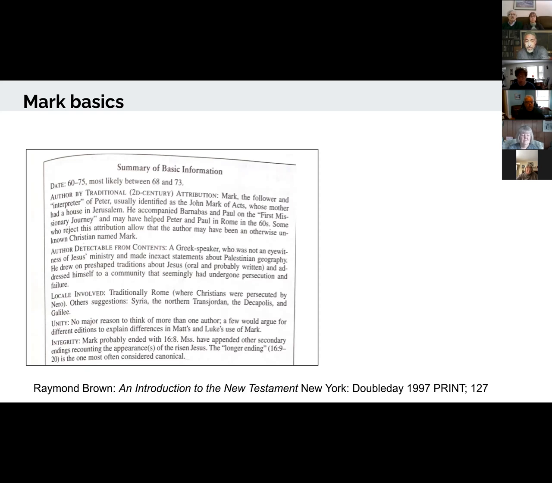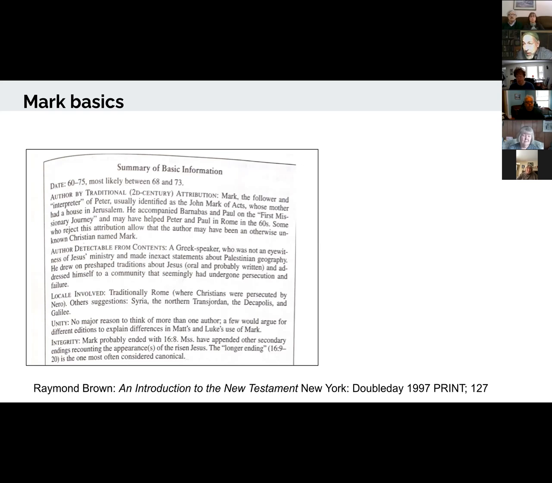So this tells us that the Gospel of Mark, even as the earliest of the Gospels, probably came along maybe one generation after the life of Christ. And there's some question about whether Mark was an actual witness to Christ's ministry or not. So we have some basic information about the Gospel of Mark here.